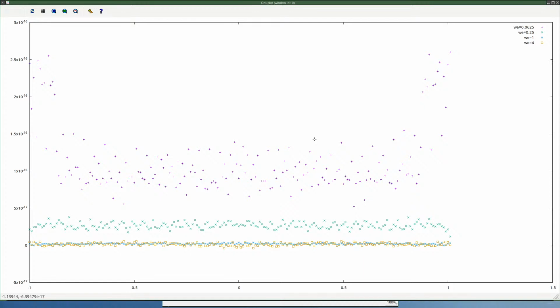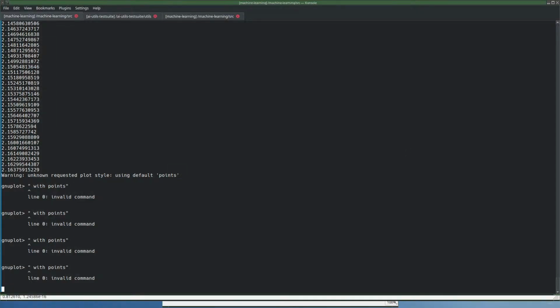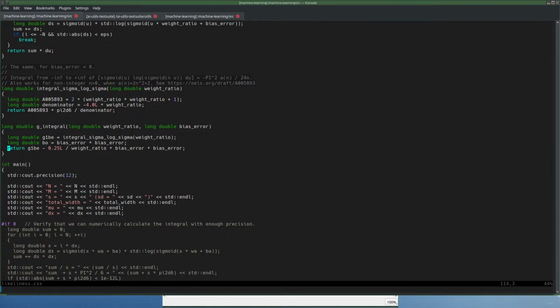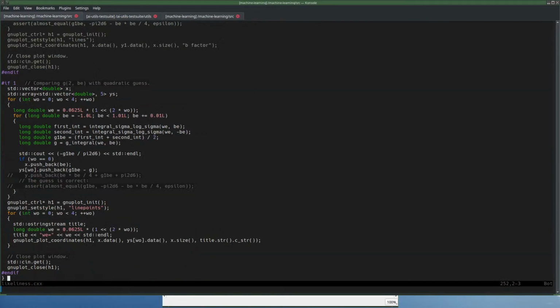I mean, 10 to the power minus 16 is still good, of course. It's just peculiar that it is suddenly not as good as it was. Okay.